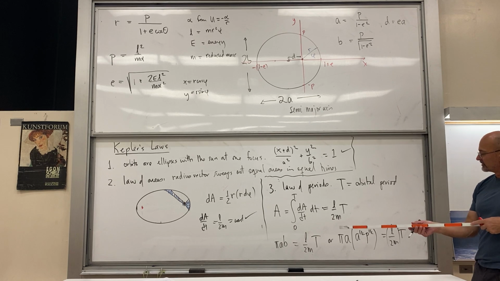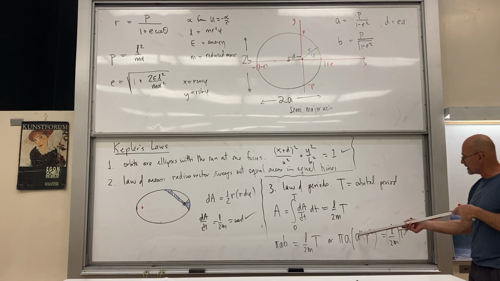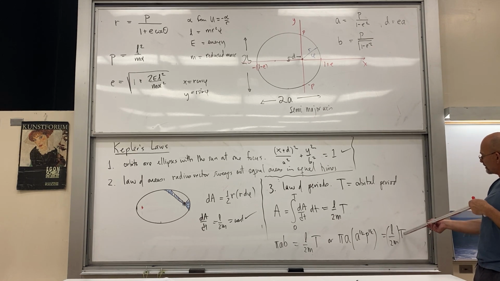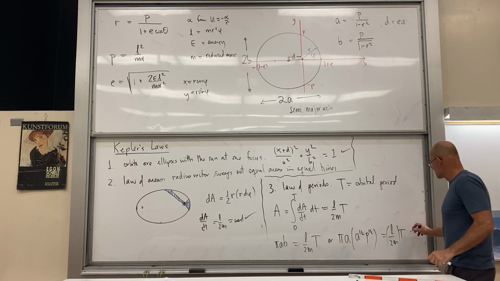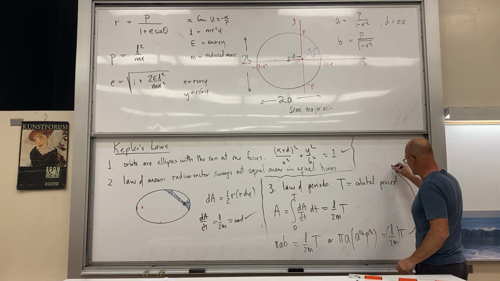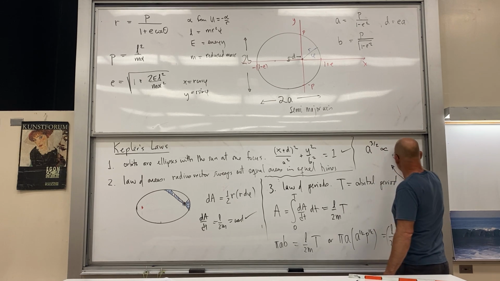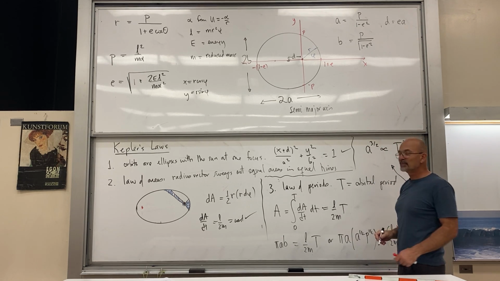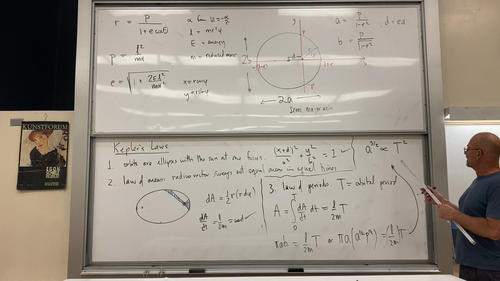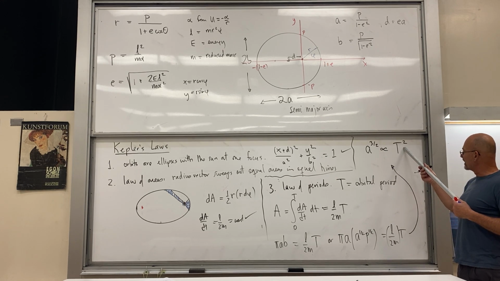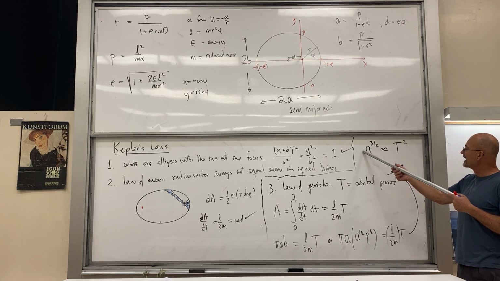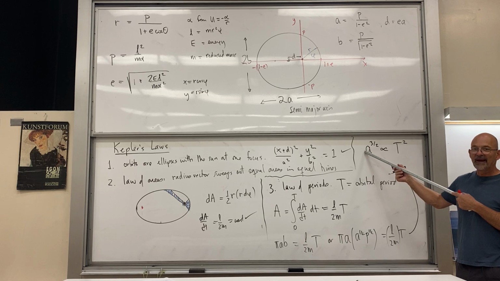Now you can see what we've got. We have a to the 3/2 power is proportional to the time period. So I'll go right up to here with that. We end up with a to the 3/2 proportional to T squared. There's Kepler's third law: the square of the period is proportional to the cube of the semi-major axis.